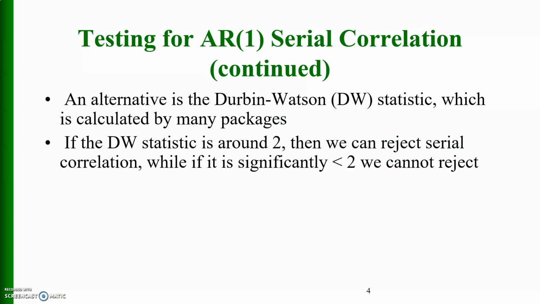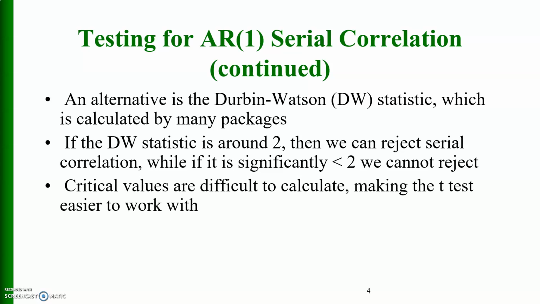If the Durbin-Watson statistic is round about 2, then we can reject serial correlation, while if it is significantly less than 2, we cannot reject the null hypothesis. Critical values are difficult to calculate, making the t-test easier to work with.